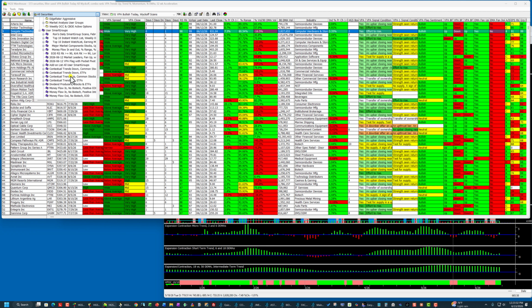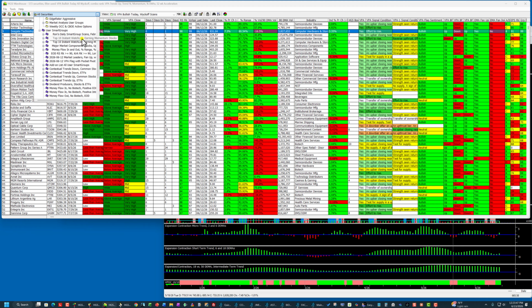So I have contextual trends that are related to where a stock is in comparison to its moving averages.